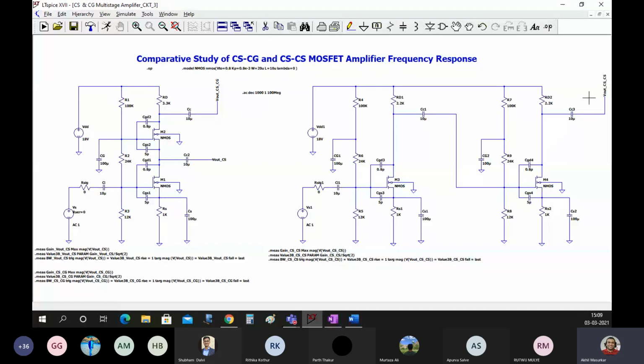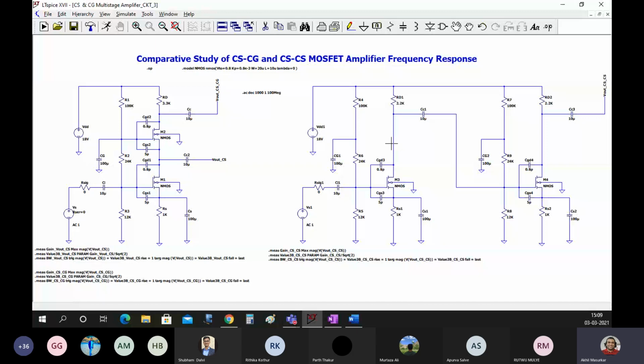Now, why is there a difference between the resistances in CS-CG and CS-CS? The reason is, the CS amplifier in the CS-CG gives a gain of 1, whereas the CS amplifier in the CS-CS stage gives a gain greater than unity. Comparative study is possible only if their gains are the same first.